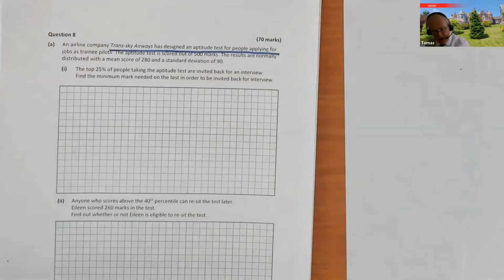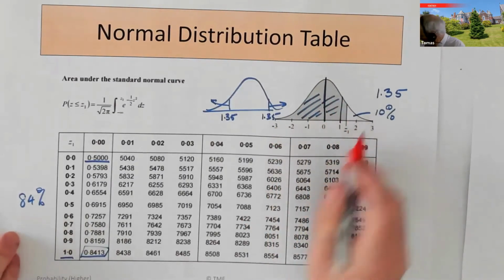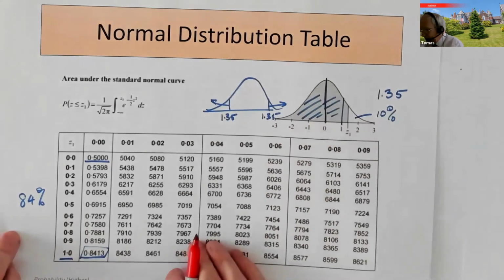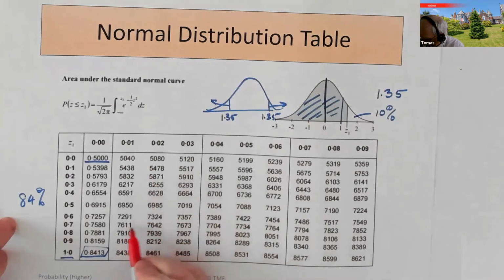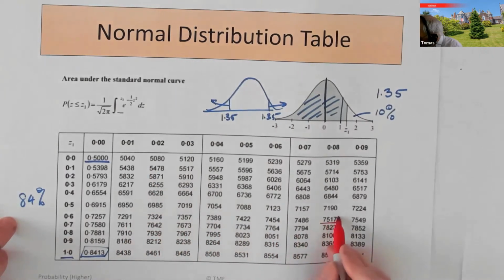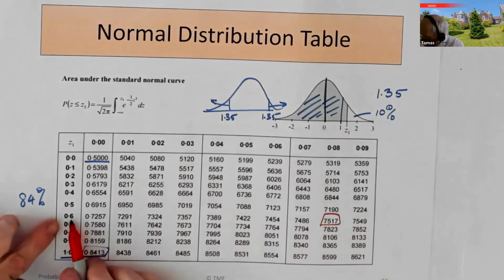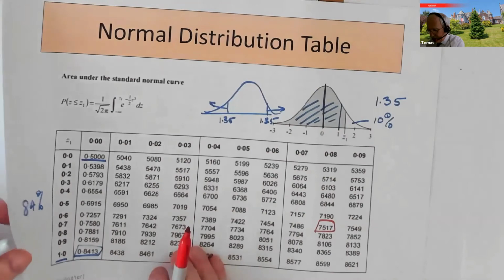So I now go to the tables and I say, if I want the shaded area to be 75, how do I get that 75? So I come down here, 0.75, looks like there. And that says 0.68 or something like that.